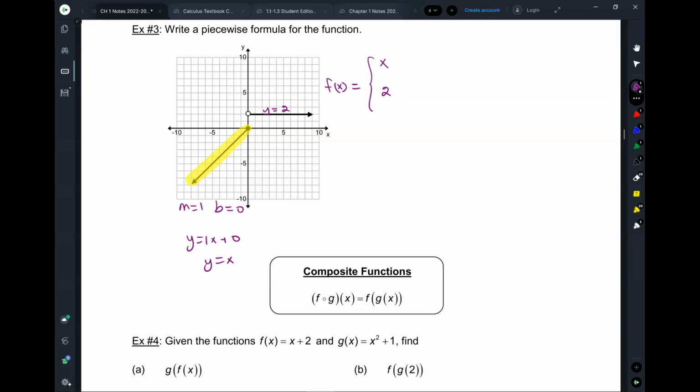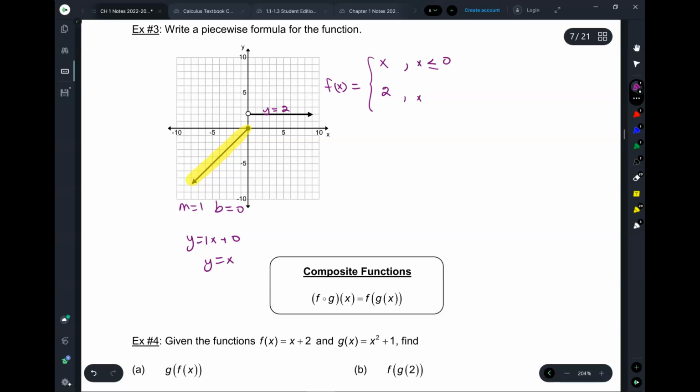Now, this function lives on negative infinity to 0, or all x's less than 0. So this function lives on x is less than 0. And that's a closed circle, so I close this. Right, yeah. Okay?